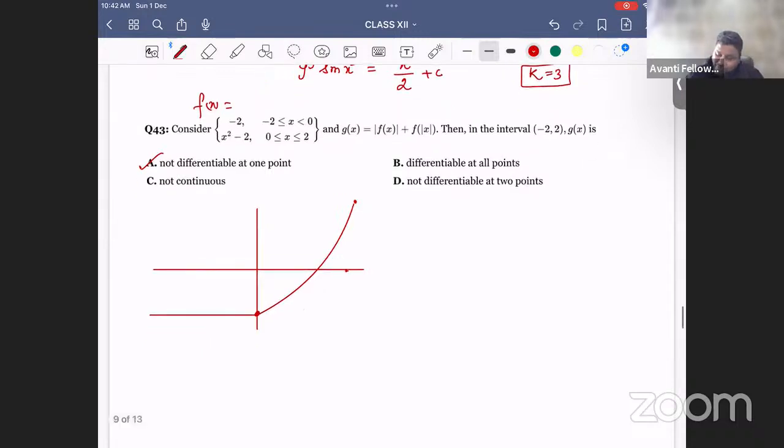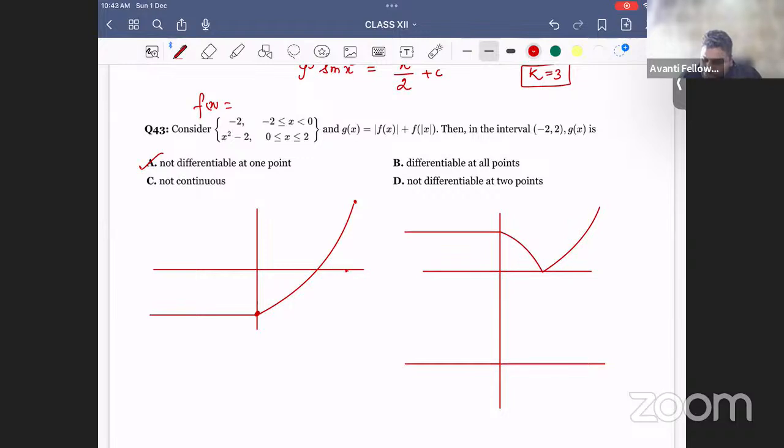Now, what will be f of mod x? f of mod x is something like this. Here, then here, then here. This is f of mod x. And mod f(x) is what? Sorry, this is mod f(x), and f of mod x is simply this, and then this.